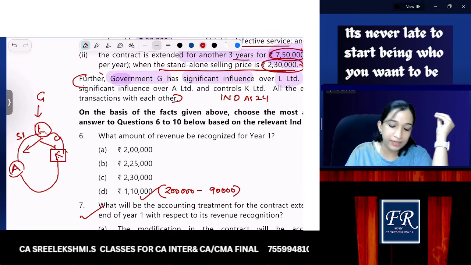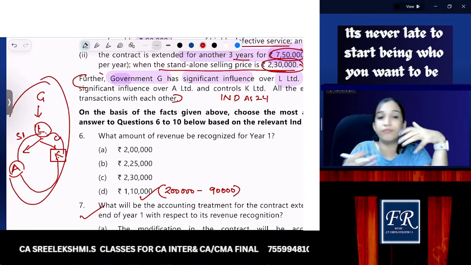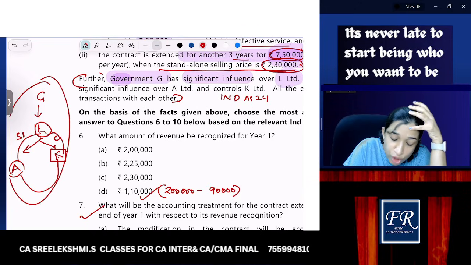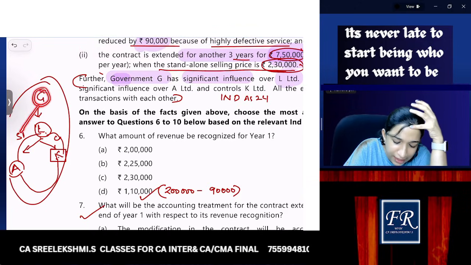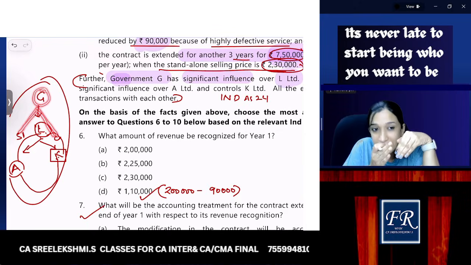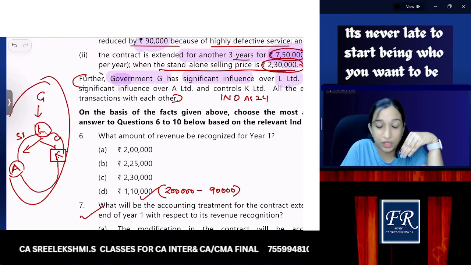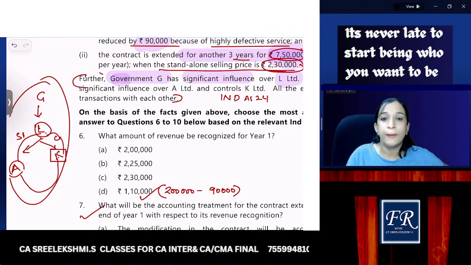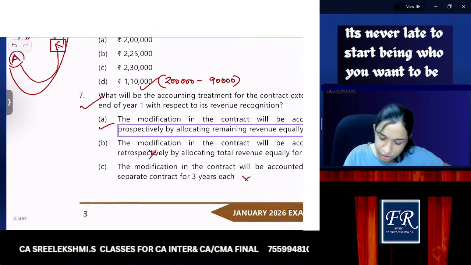L and K are related parties, and all are related parties. Disclosure exemption is only for those transactions between government entities, and there are a few exemptions which you already know. But otherwise, disclosure is required.